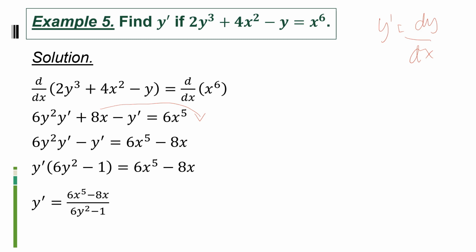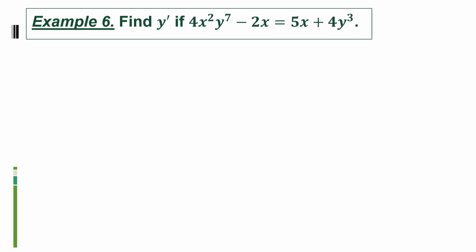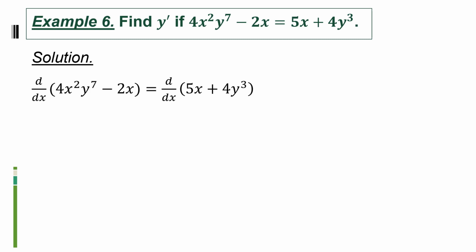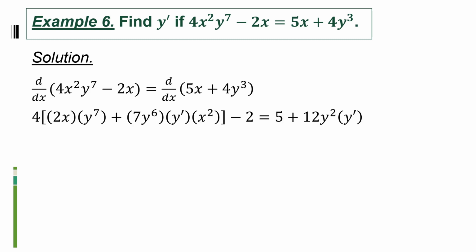Find y prime if 4x squared y raised to 7 minus 2x is equal to 5x plus 4y cubed. So, same as before, we differentiate both sides. So, we have 4 times the product rule: f prime, which is 2x, times y raised to 7, which is our g.